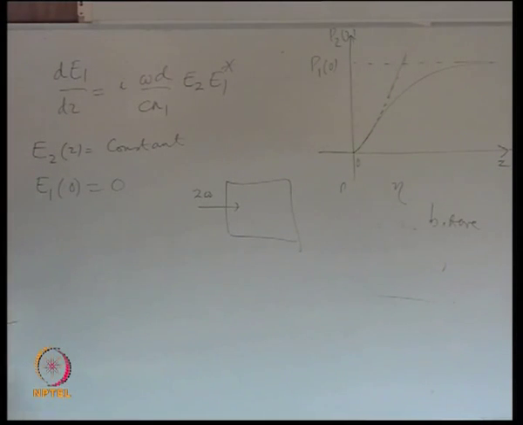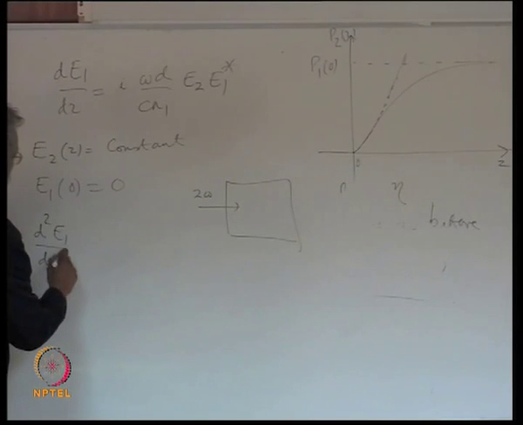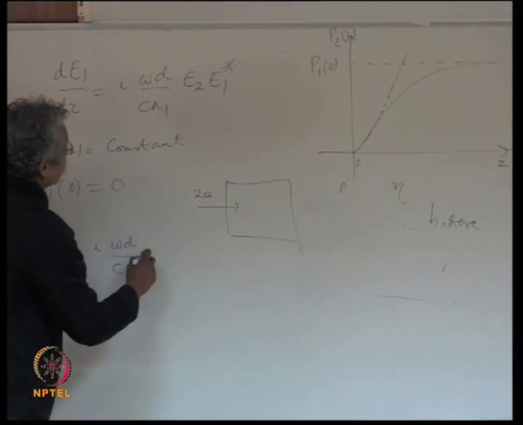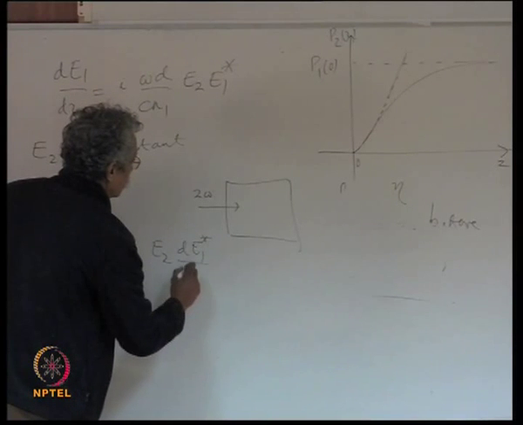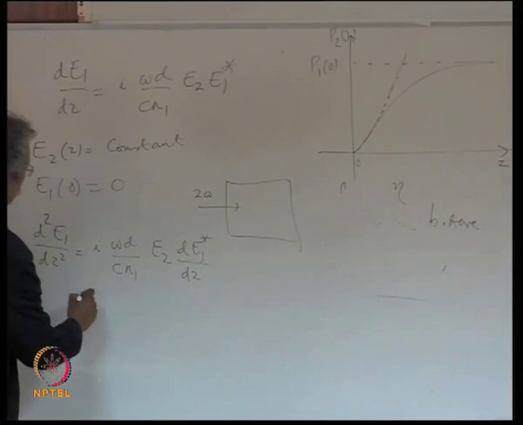Let me calculate. Let me differentiate this equation. d square E1 by dz square is equal to I omega d by Cn1 E2 dE1 star by dz. dE1 star by dz I substitute from here.